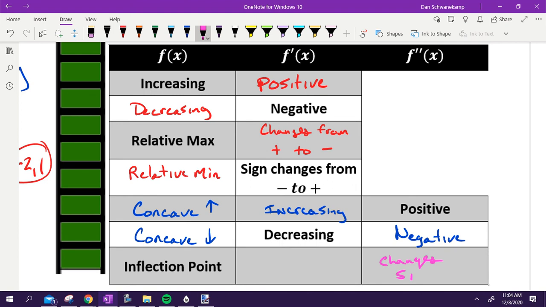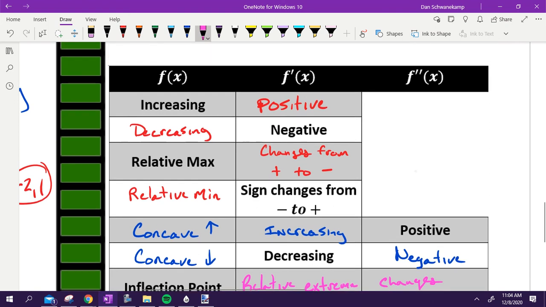So when the second derivative changes signs, what am I looking for on f prime? F prime what? Extrema. Relative extrema. Some people I heard say changes slope signs. That's fine. You could say it changes from increasing to decreasing or decreasing to increasing. The easiest way to say it is relative extrema.